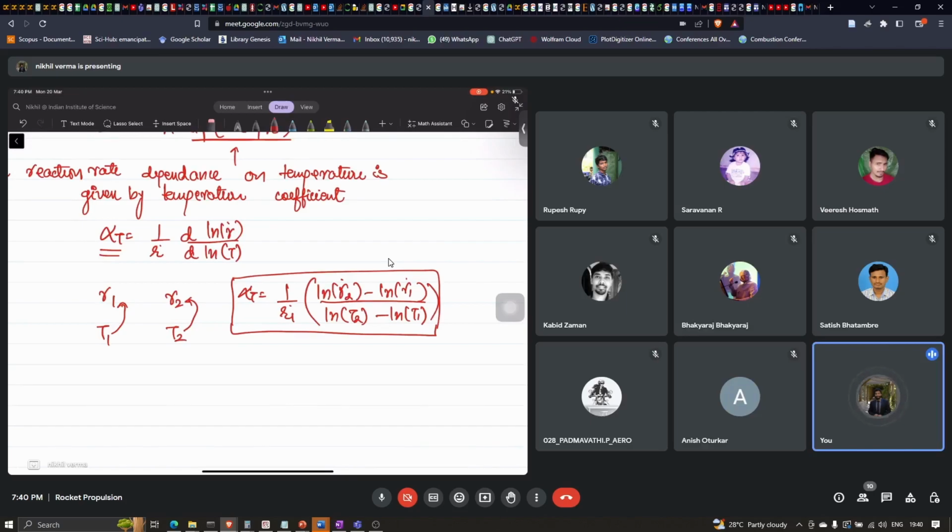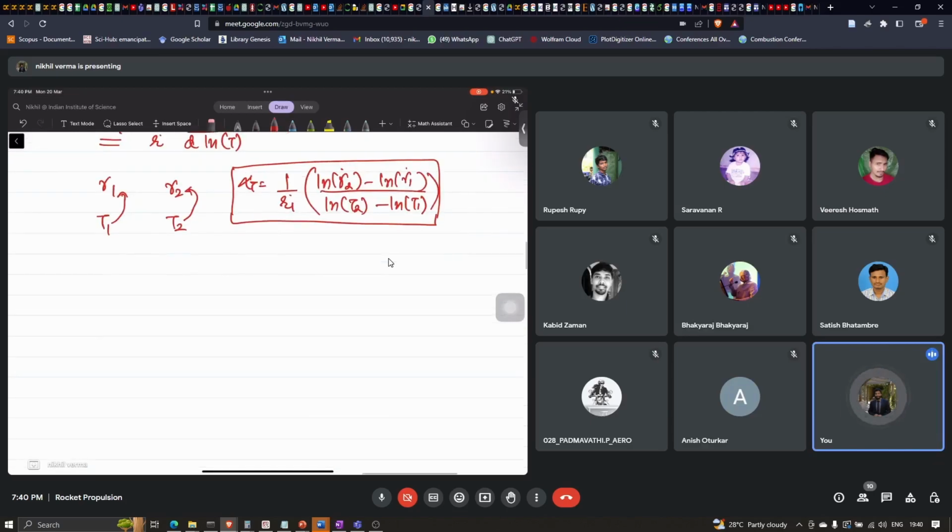Okay, so let us try to solve for this. It was given that the temperature coefficient is 0.0042. Okay, and the burn rate at 2500 we know.